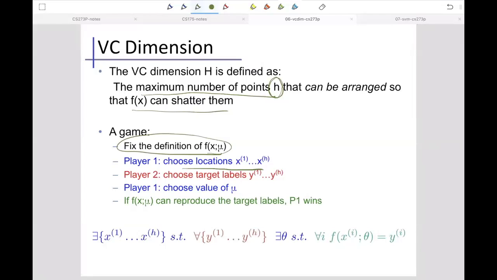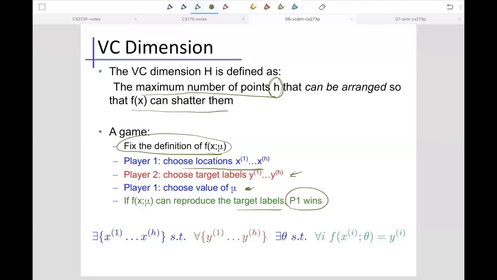I can always choose the locations of the data points here. And then the second player will try to assign target labels on these data points. And then the model will try to learn the parameters based on these target labels. That's the two-player game. If this classifier can reproduce the target labels, then player one wins.